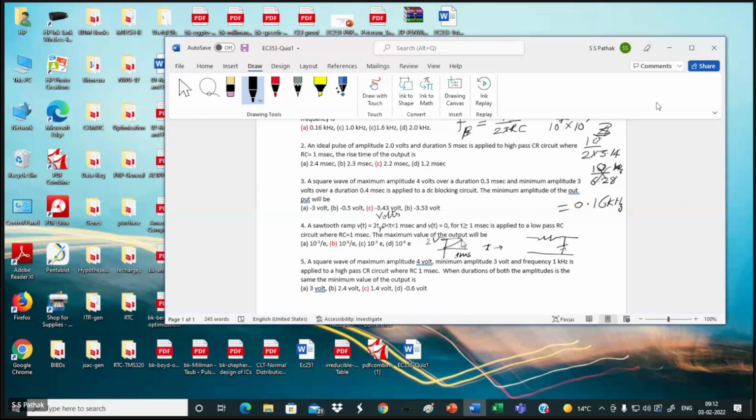Beyond 1 it is not there, so it has become 0. Beyond that it is not defined. That means Vt equal to 0 for t greater than or equal to 1. Less than 1, that means 1 minus. This is your 1 minus, this is your 1, this is your 1 plus, and so on.